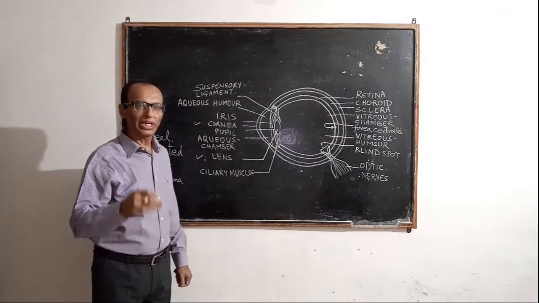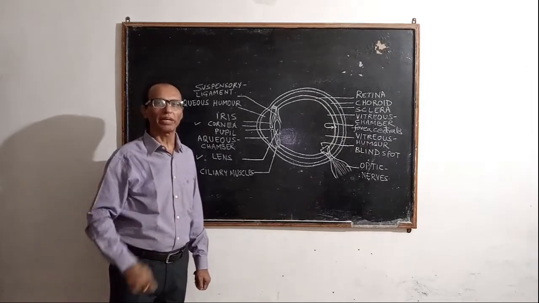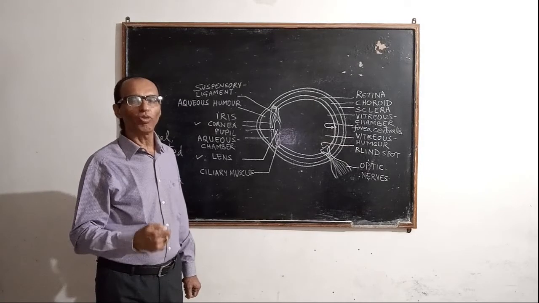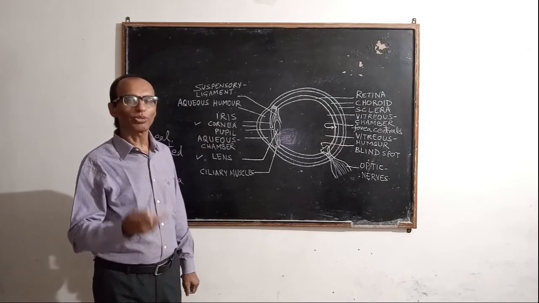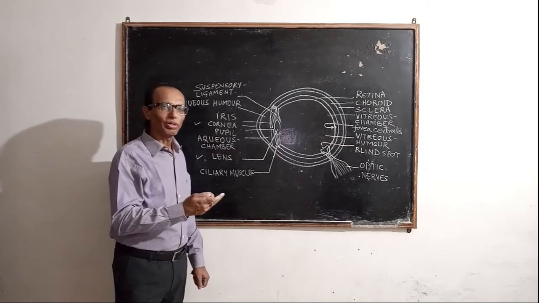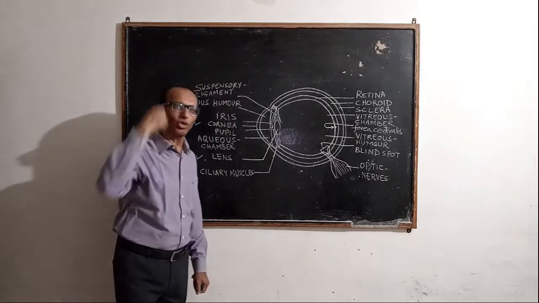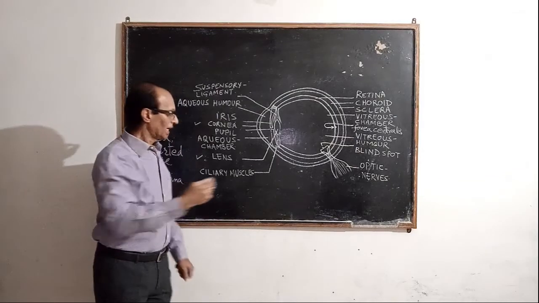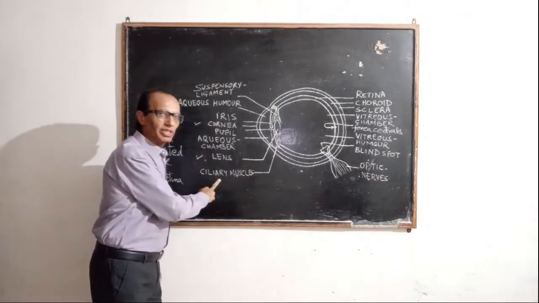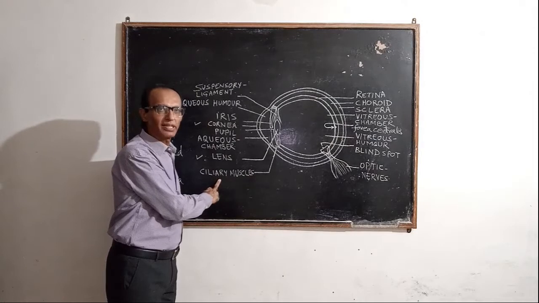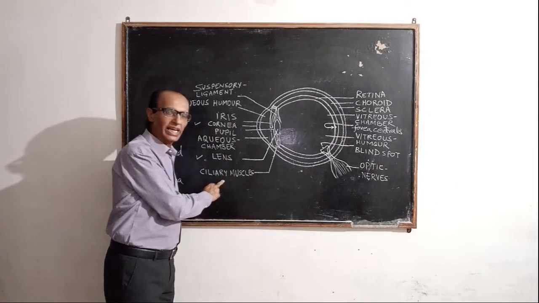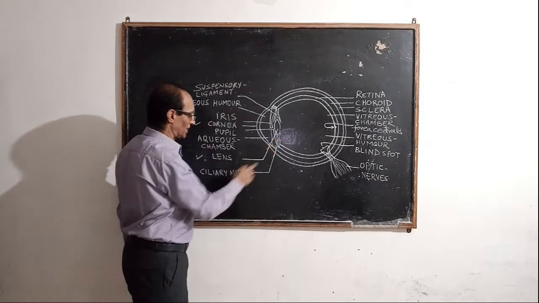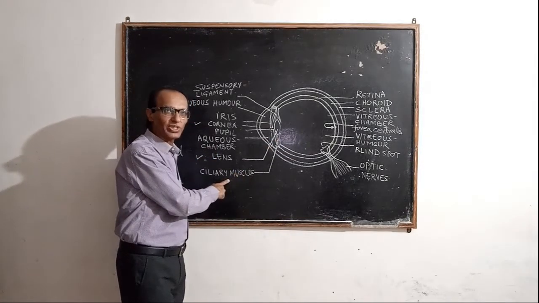Now you start feeling that it is too much time reading, and you need to relax. What should you do to relax? You need to look at a distant object. When you are looking at a distant object, the ciliary muscles relax. As I said in my previous class, the suspensory ligament and ciliary muscles act antagonistically.